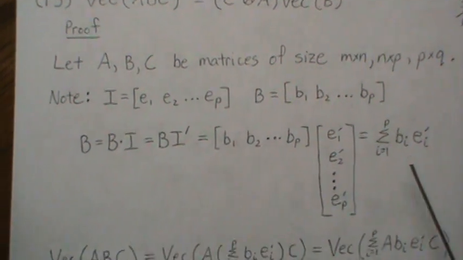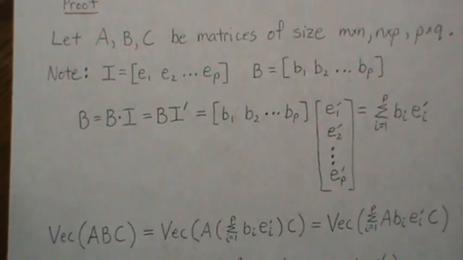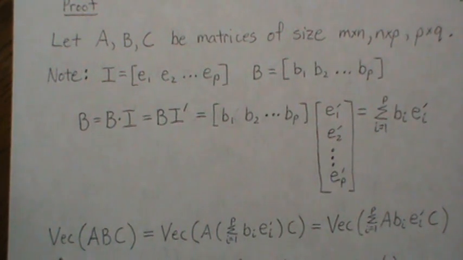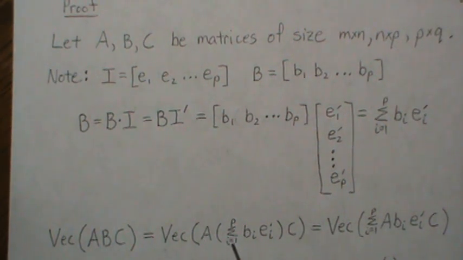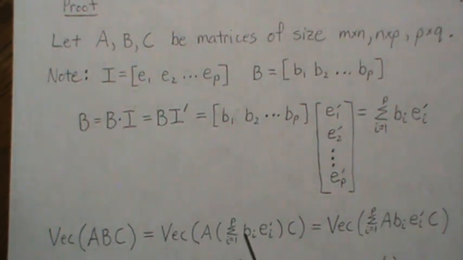So with this property, now let's start to prove this identity. We have the vec of ABC, but let's rewrite B as this sum. Since A and C are not indexed, we can bring them in and out, and it doesn't change anything. So we're going to rewrite it like this.